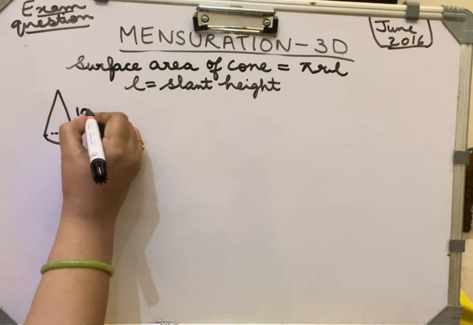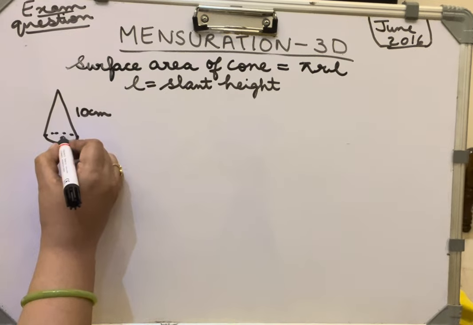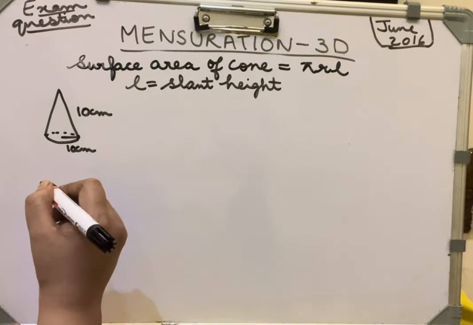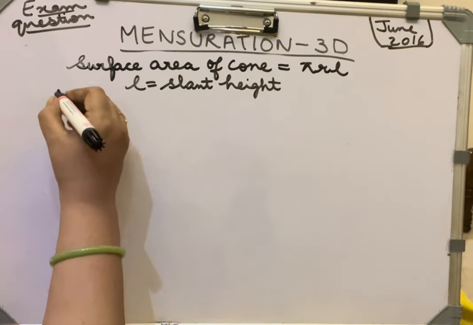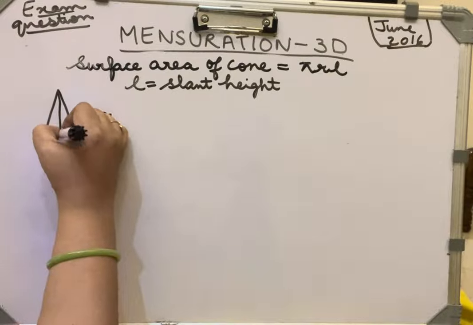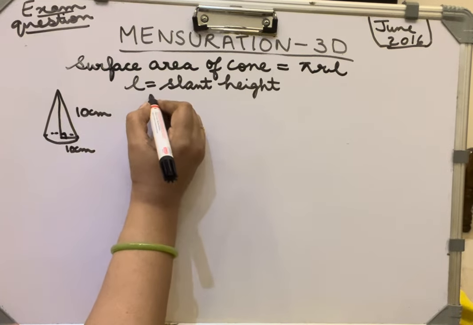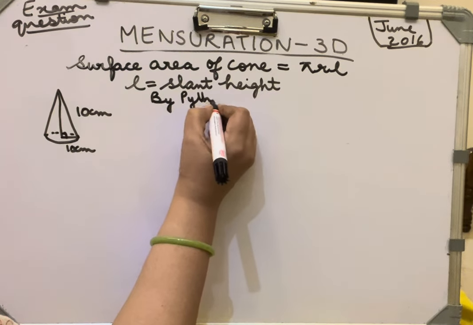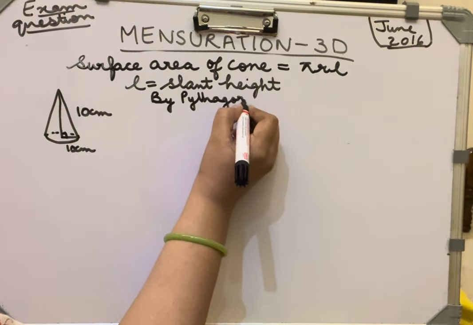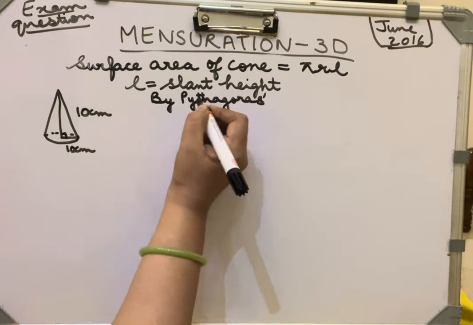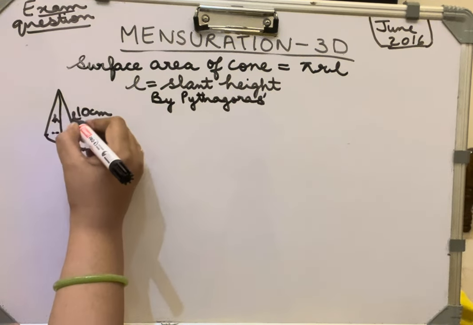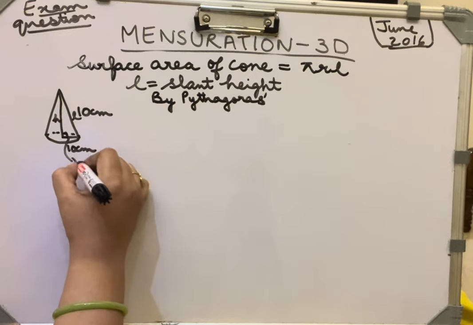We know that the height of cone is 10 centimeter and the radius is 10 centimeter. So by Pythagoras, now this is slant height L, this is height H and this is radius R.